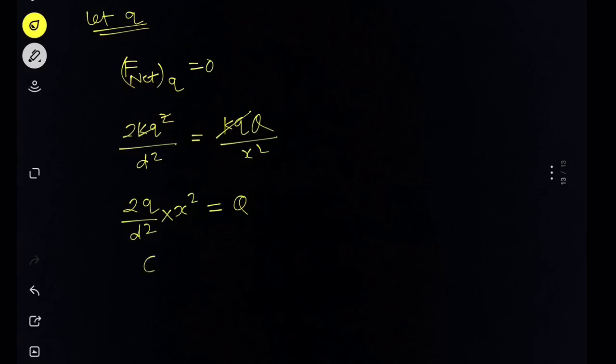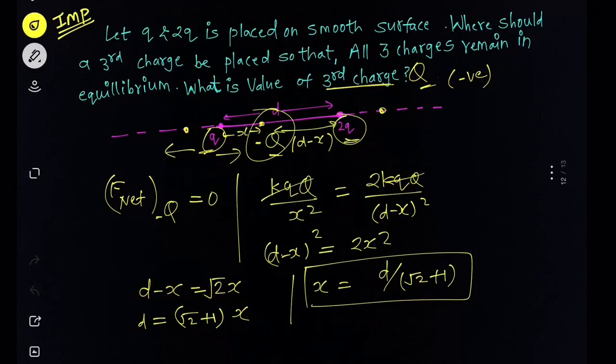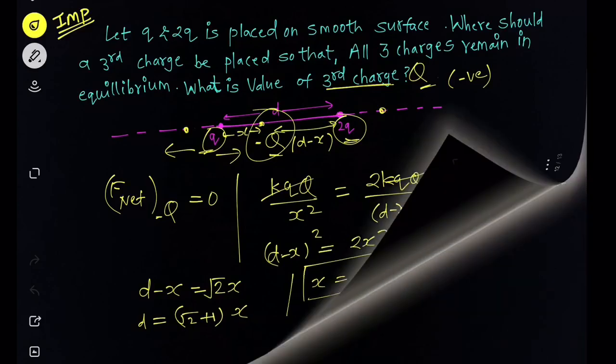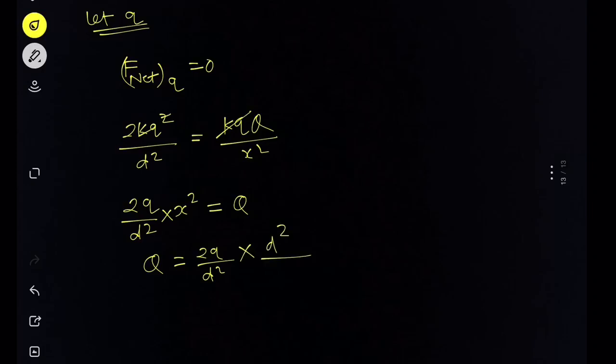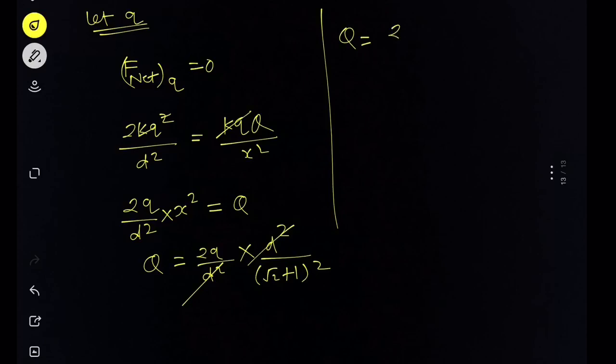Now capital Q is 2q over d square into x square. What is the value of x? We have got x as d over (root 2 plus 1). So we can write 2q over d square into d square divided by (root 2 plus 1) whole square. So d square will get cancelled. It will give Q equals 2q over (root 2 plus 1) whole square.